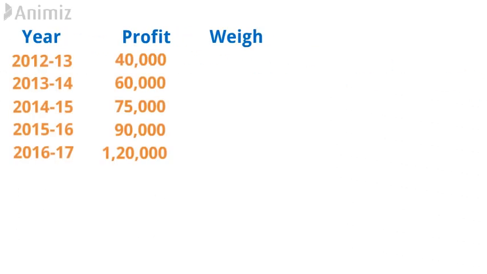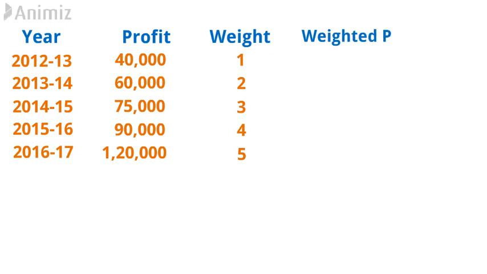Here is some data from your question, that is profit of last 5 years. Let me give weight to each and every year, that is 1, 2, 3, 4 and 5. And now you will be able to calculate this weighted profit, that is profit into weight.